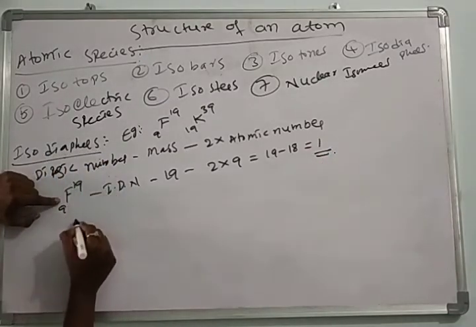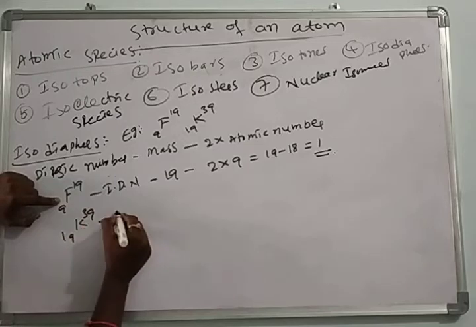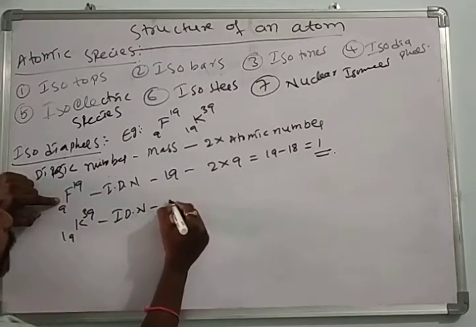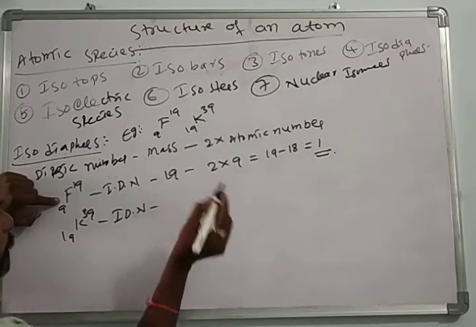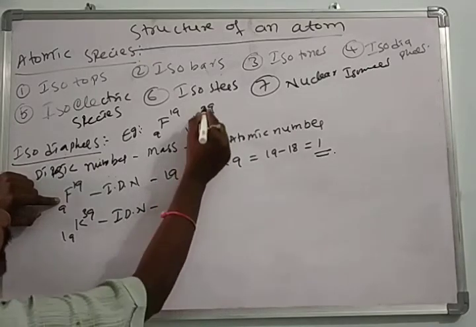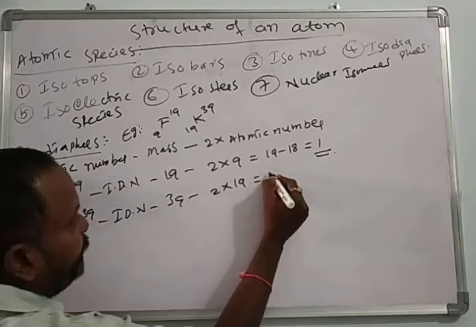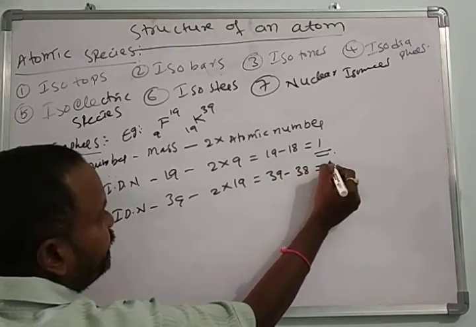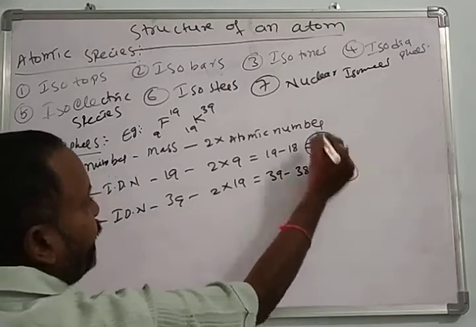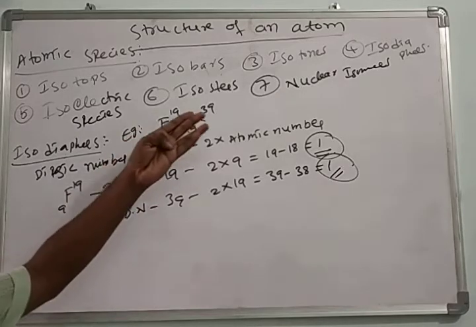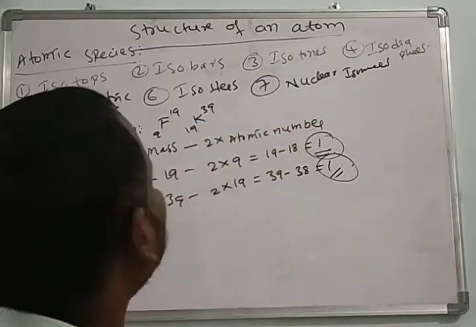For potassium, mass is 39 minus 2 into 19, which is 39 minus 38, equal to 1. Both have the same isodiaphoric number. That's why fluorine 9 19 and potassium 19 39 are considered isodiaphers.